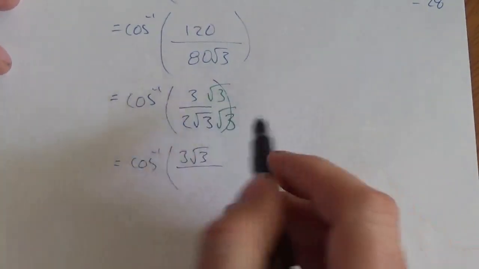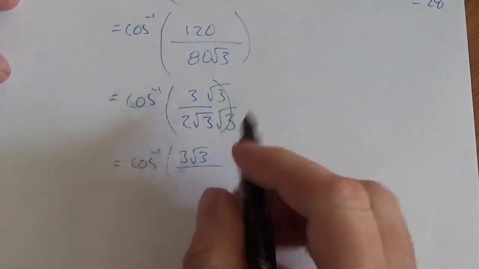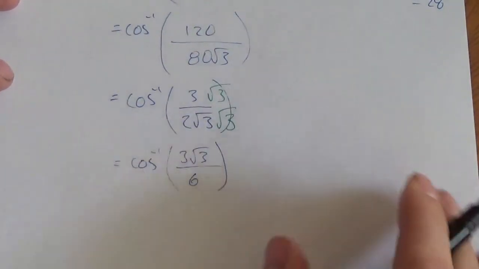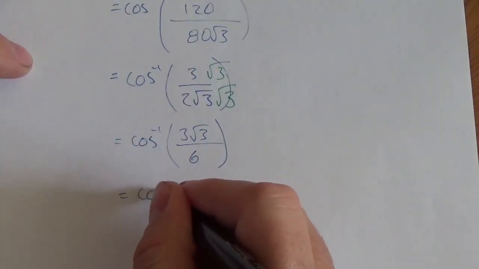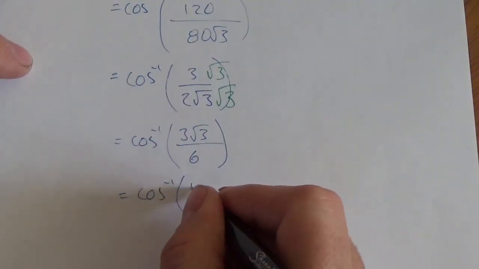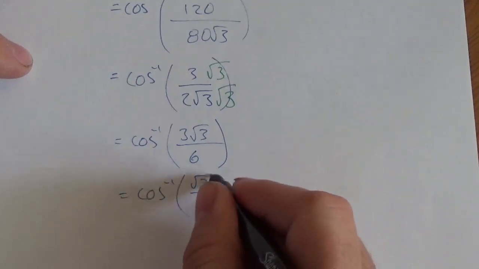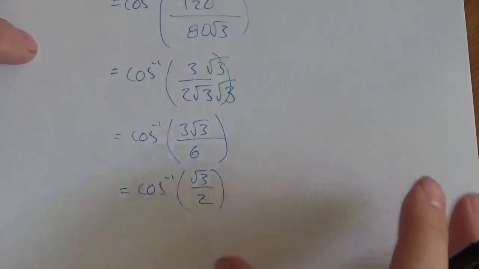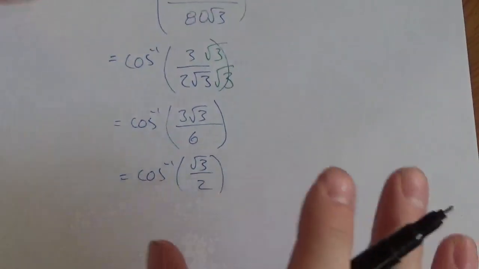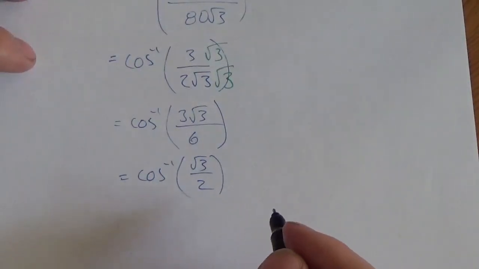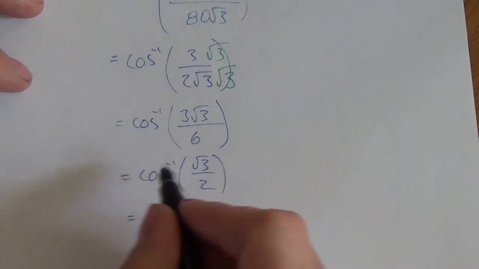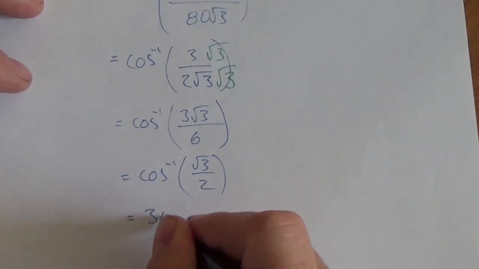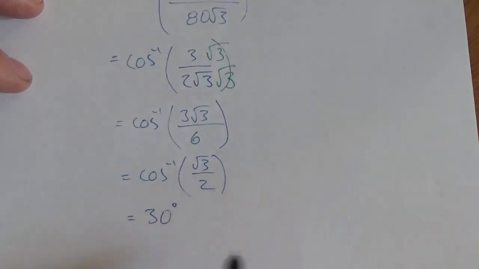I'm only squaring the root 3, I'm not squaring the 2, so this becomes 6. And that 3 over the 6 simplifies down quite nicely. That becomes root 3 over 2, and I recognize that from the special triangles that we would have looked at in a previous lesson. And I know that that's going to be 30 degrees.